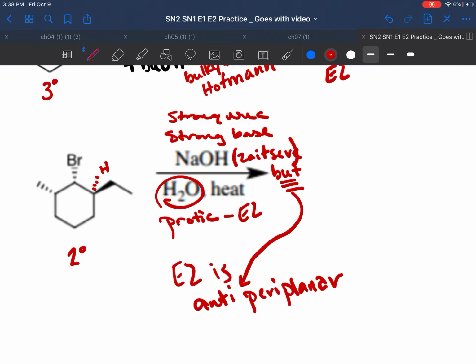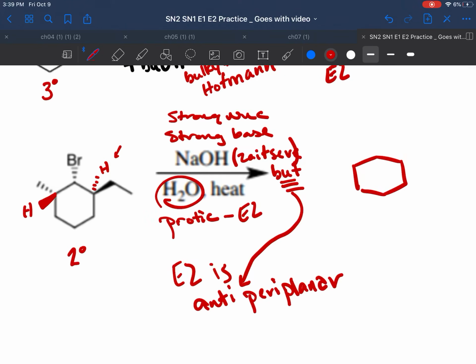So the Zaitsev, or more substituted double bond, the hydrogen's not in the right place. This hydrogen over here, I guess it doesn't really matter, they're both substituted. But anyway, the anti-periplanar requirement will help you decide which direction to go.